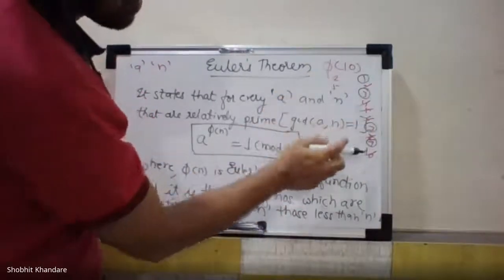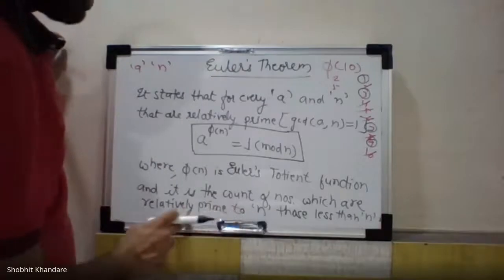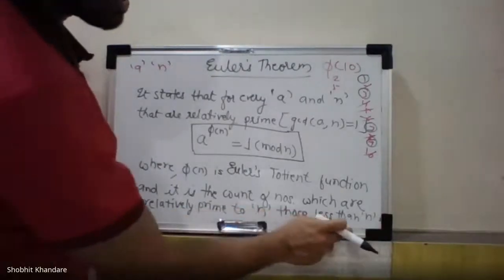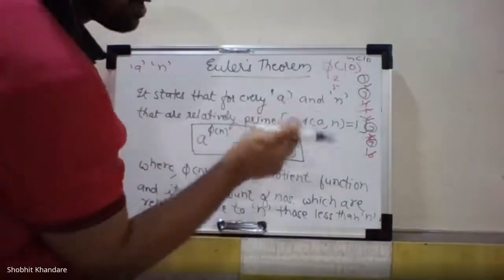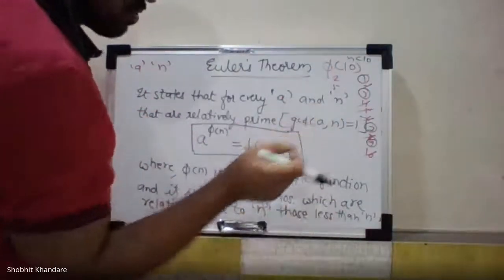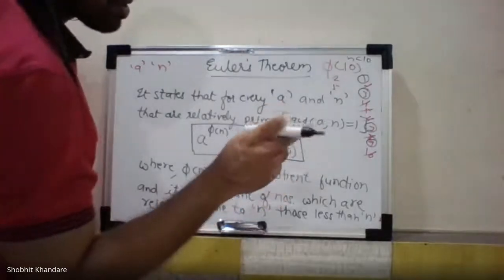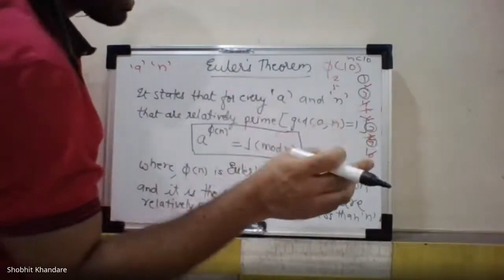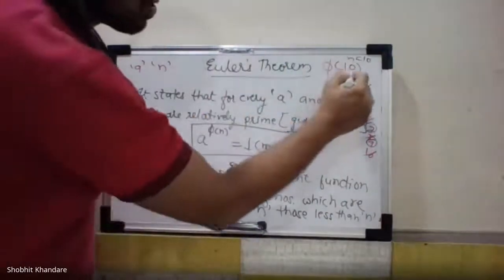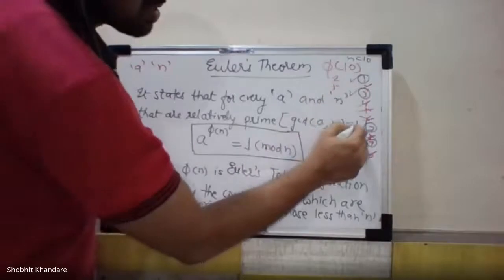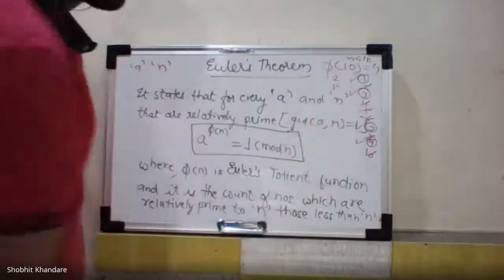So 1, 3, 7, 9 are relatively prime to n, those less than n, where n is equal to 10. I want to find the number of relatively prime numbers, and their total count is your totient function. So how many are there? 1, 3, 7 and 9, so the answer is 4.